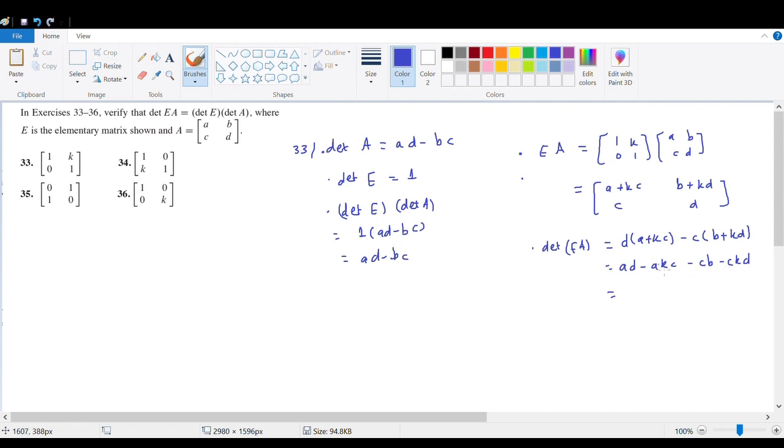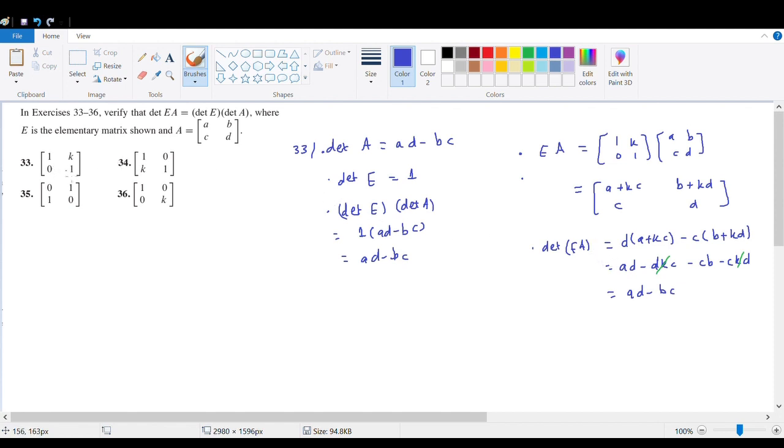This one is A or D? So this one is D, not A. So now we have DKC, and here we have also KDC. So we can cross this one with this one. Now we have AD minus BC, which is the same as this one.